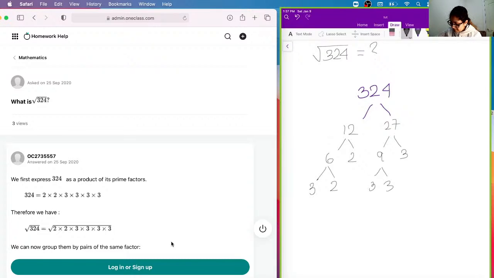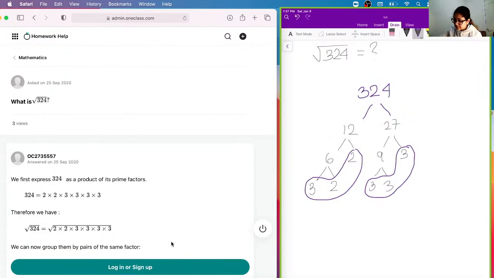And so in this case, you guys can see that our smallest factors here are 2, 3, and 2 over here, and 3, 3 over here.